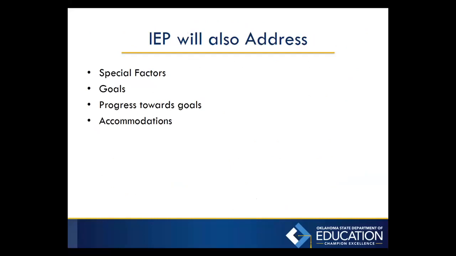You want to address all accommodations, and now we're looking even at assistive technology. Assistive technology would fall under special factors. We want to make sure that we're covering the child's total educational needs.